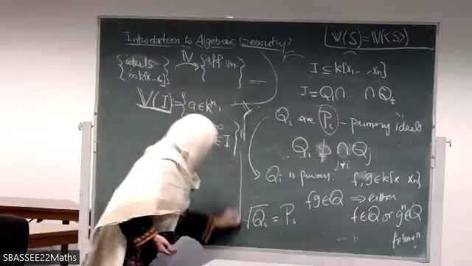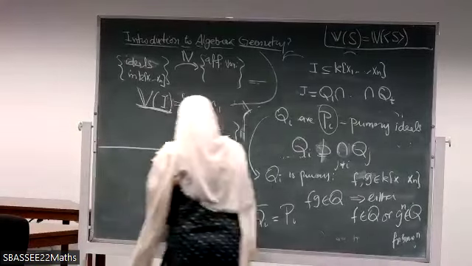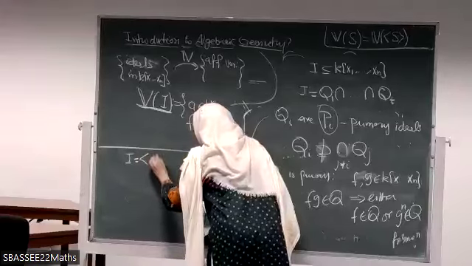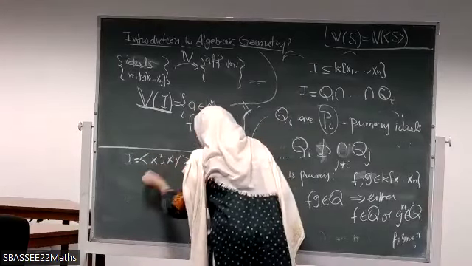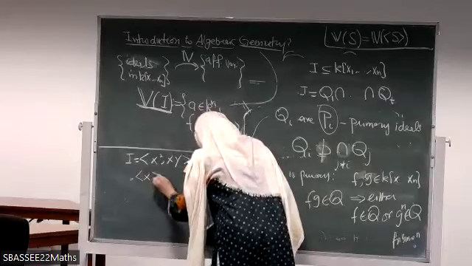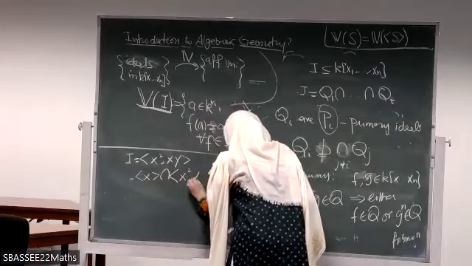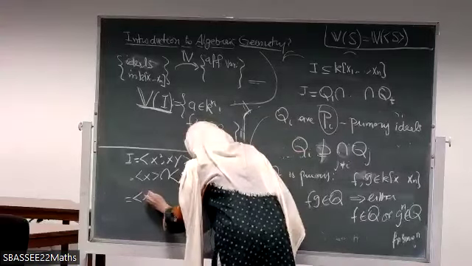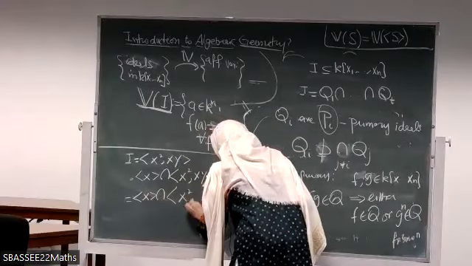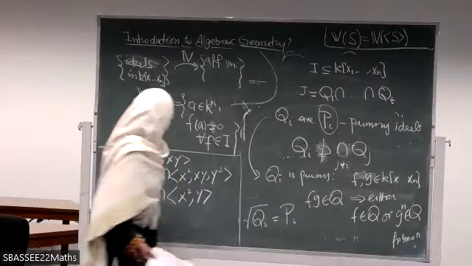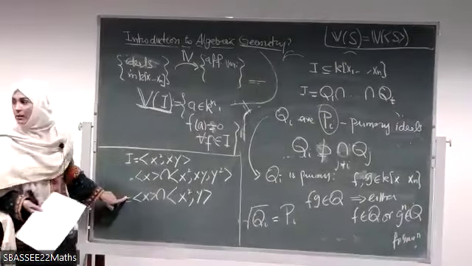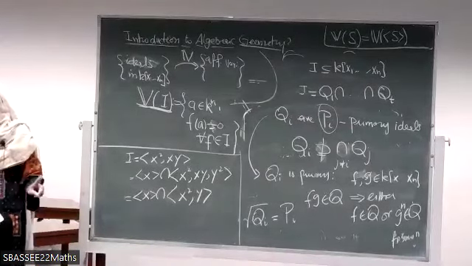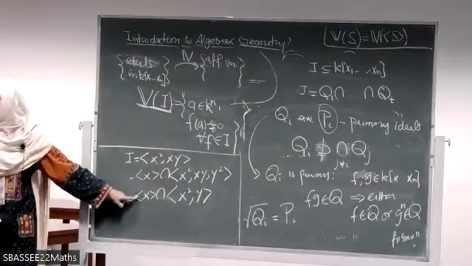Let me give an example so that you can really understand what's going on. For example, you have this ideal. I can write this ideal in this way. You can also write it as a decomposition in this other way. So you can see that these two decompositions are not unique. But these are all primary ideals, and this is actually the prime ideal.